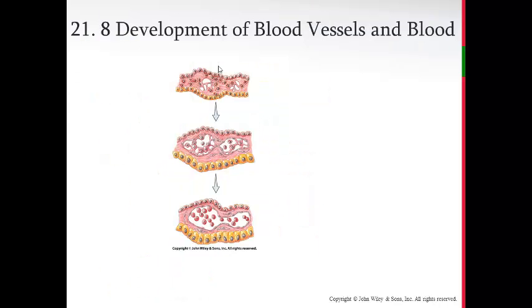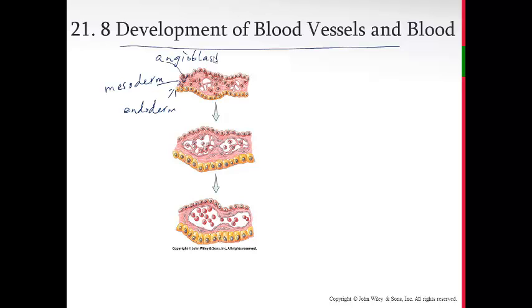And here are the last few slides. Don't worry too much about it, but I just want to show you how we start the development of blood vessels and blood. If you take a look over here, we have our endoderm, and in the middle is our mesoderm, and we have some angioblasts right inside.